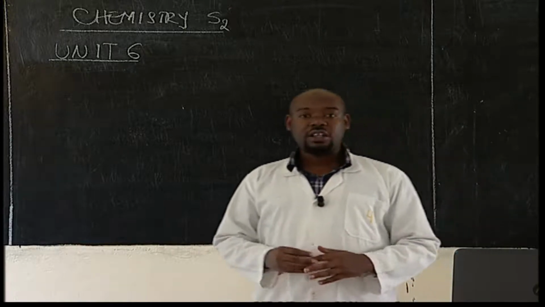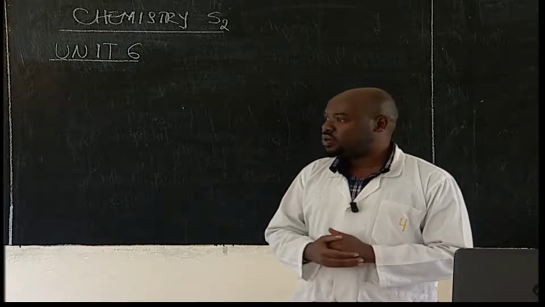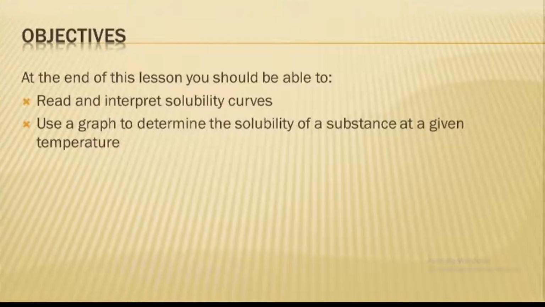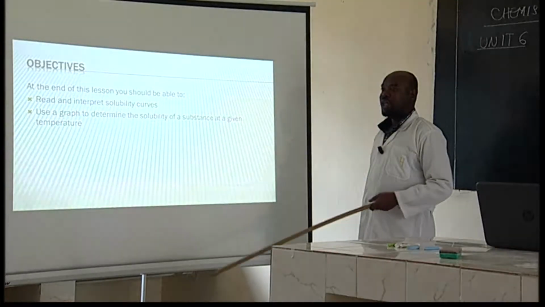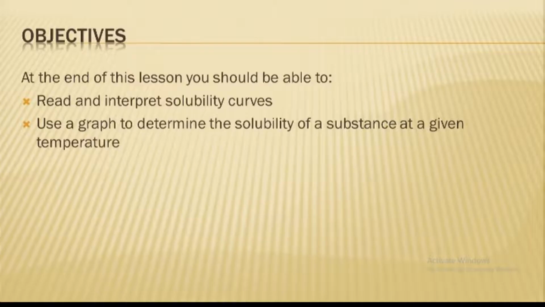Before we start today's lesson, let us have a look at the objectives of our lesson. At the end of this lesson, you should be able to read and interpret solubility curves. I give you a solubility curve, you should be able to explain the information you are reading from it, and explain why it is like that.